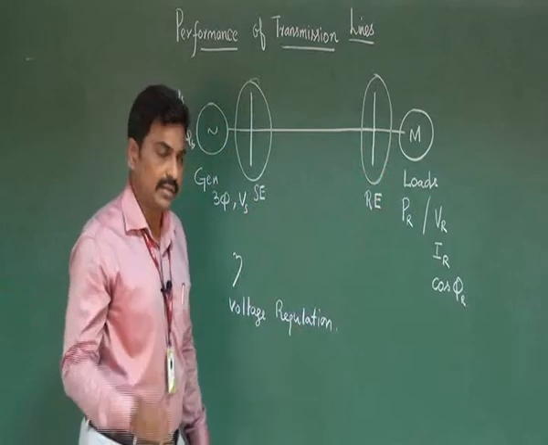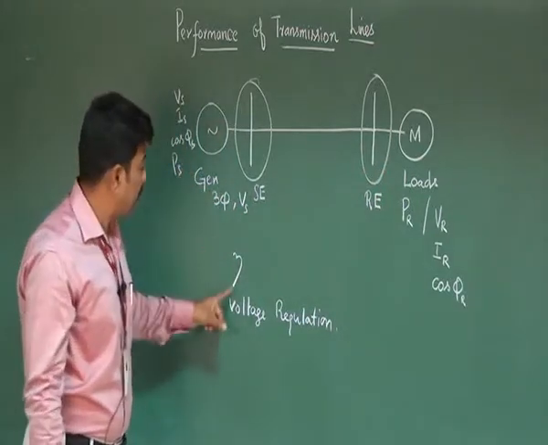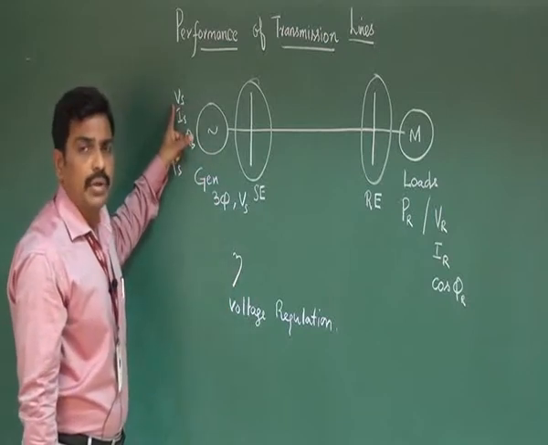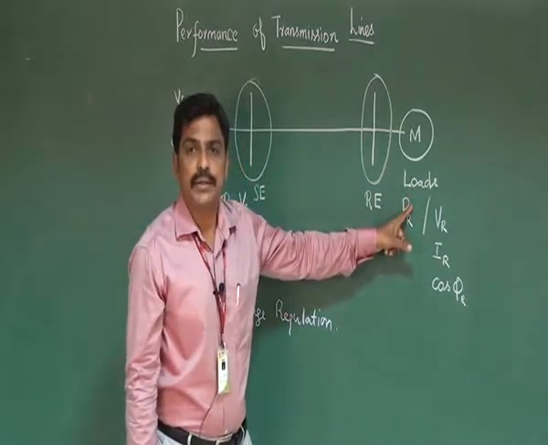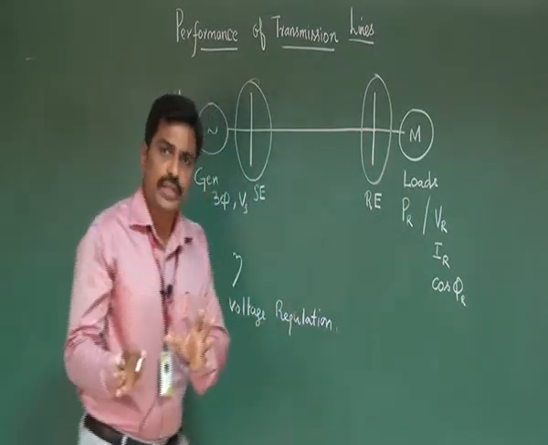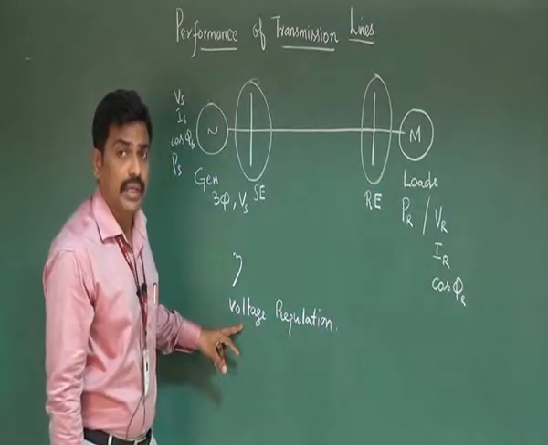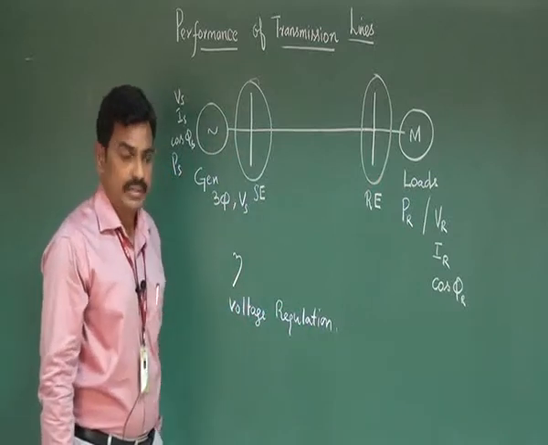If you talk about power, efficiency plays a vital role. If you talk about voltage, the voltage should be obtained at the end without any voltage drop. Based on voltage regulation we can define the voltage drop, and based on efficiency we can define the power loss.